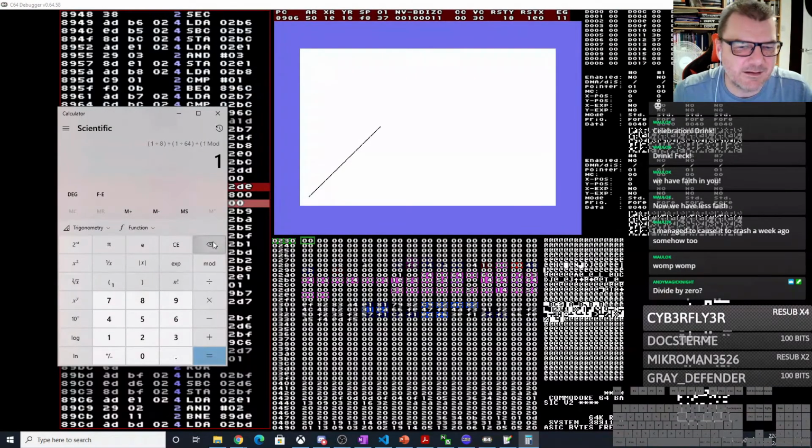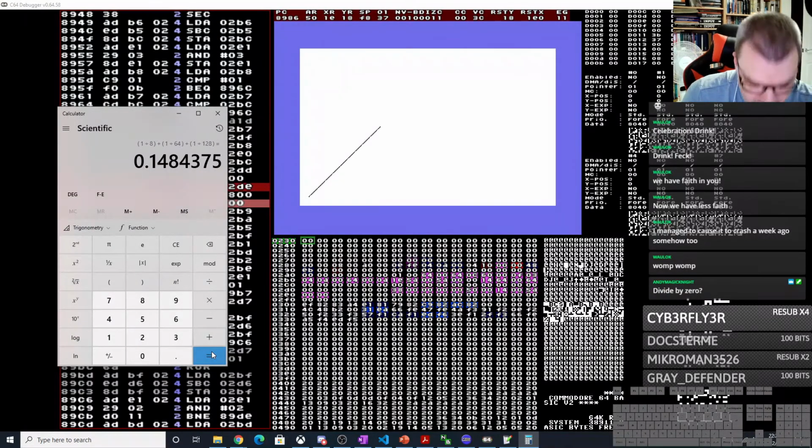Undo. Oh, God. Clear. 1/8 plus 1/128. 64th plus 128. So that comes out at 0.1484.